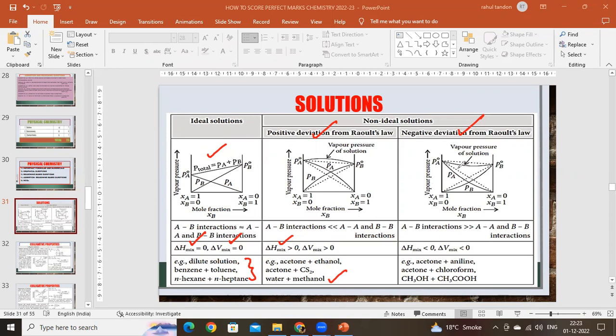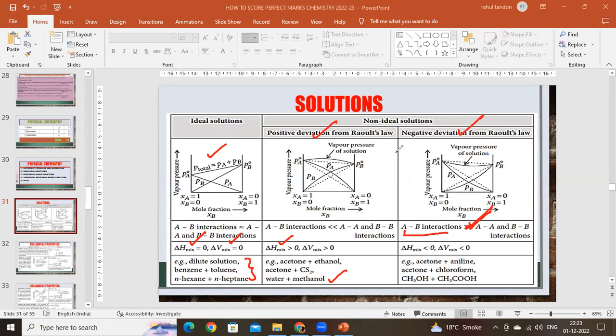On the other hand, for negative deviation, we have the graph the opposite way, and the interaction between A and B is greater than the AA and BB interaction. What I mean is the interaction is weaker in the beginning and becomes stronger after mixing. So the tendency to go into the vapor phase will decrease, and that's why this shows negative deviation from Raoult's law.